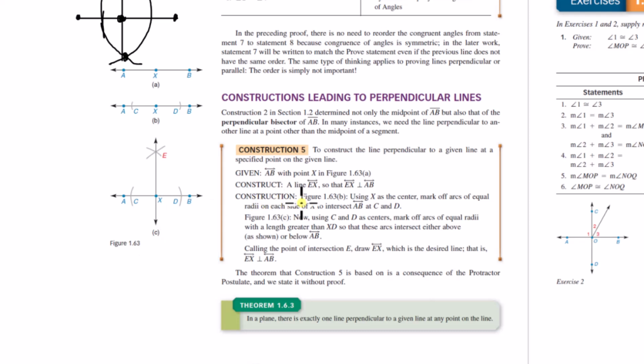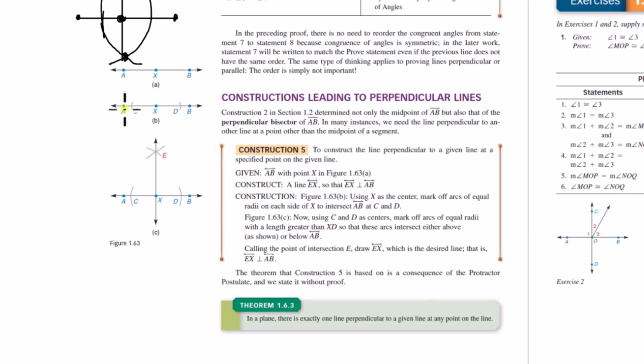So from figure 1.63b, okay, we're starting here. So we have line AB, and here's point X, and they didn't state this has to be the midpoint. We want to construct a line that's perpendicular to AB going through X.